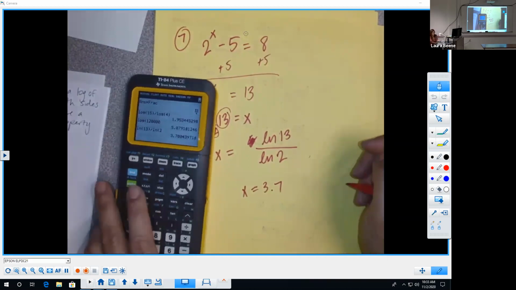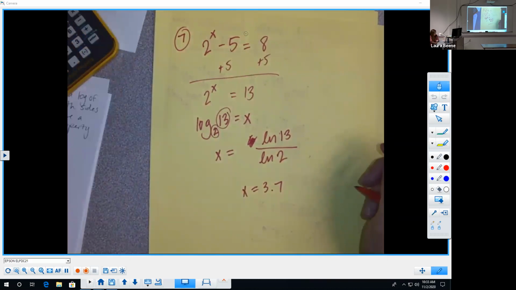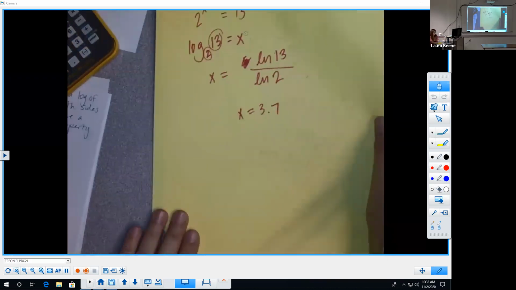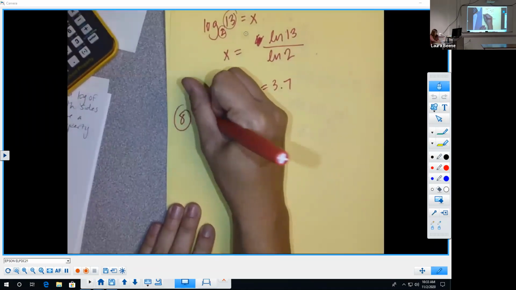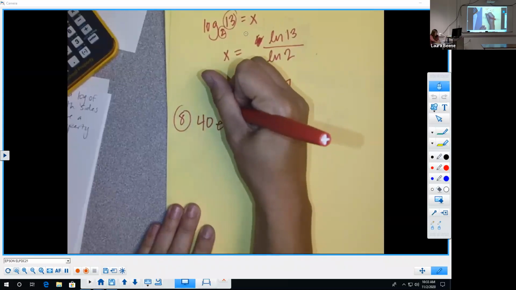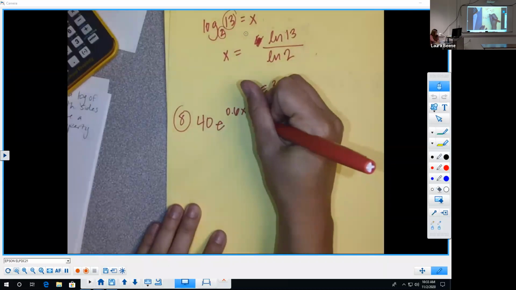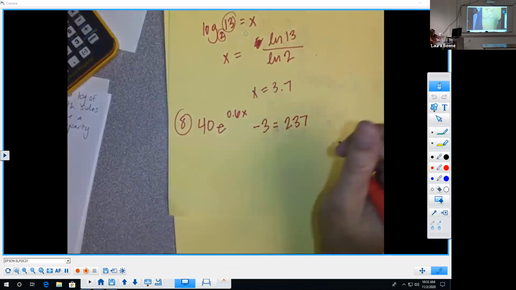Questions about that? Okay. Look at this one. What if I had 40 e to the 0.6x power minus 3 equals 237?